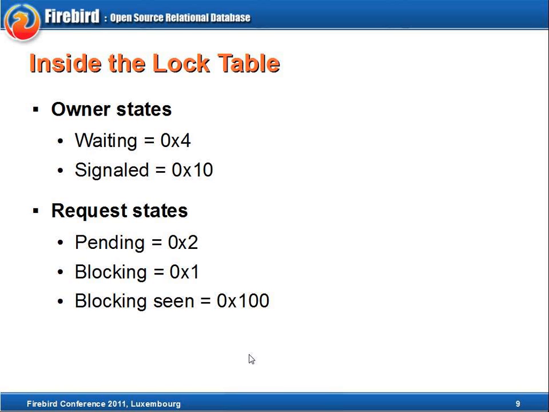The owner is known to be waiting when it requests some locks that cannot be granted immediately. So it delivers the blocking notification and starts to wait for its lock to be granted. So we have in the flag field, the waiting mode is the value of 4.